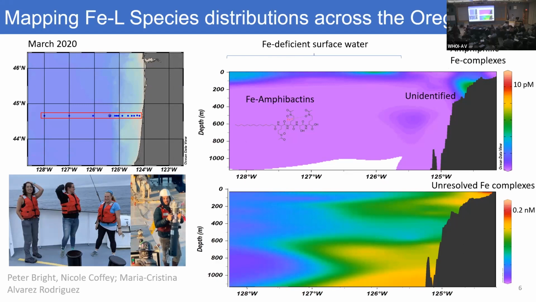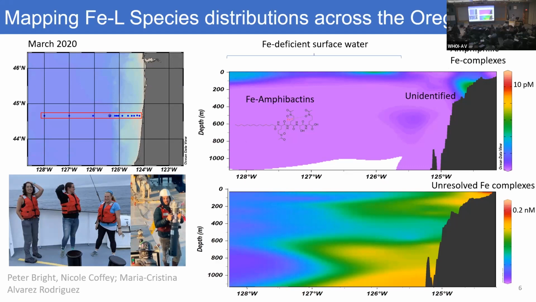Our goal was to understand what the sources are of these distinct iron species that we can start to detect. My students, Nicole Coffey and Maria Alvarez, collected samples with me, and then Peter Bright analyzed the samples and developed a lot of informatic tools to efficiently go from the raw data to distributions that we can plot in ODV and compare against other oceanographic data.